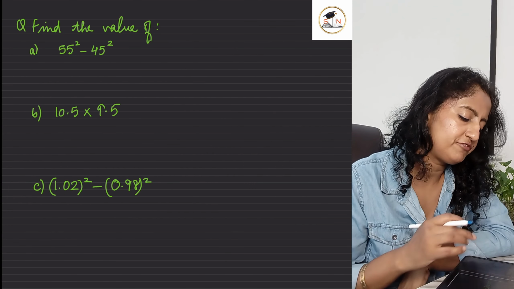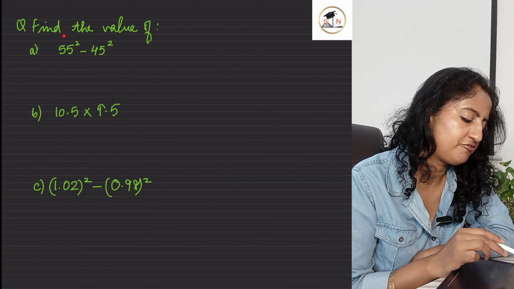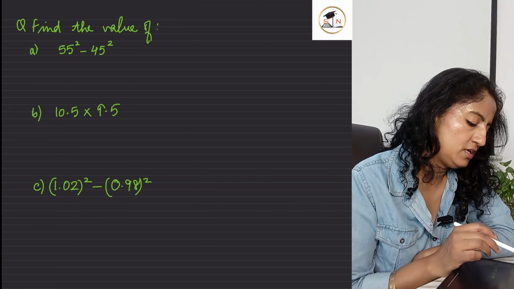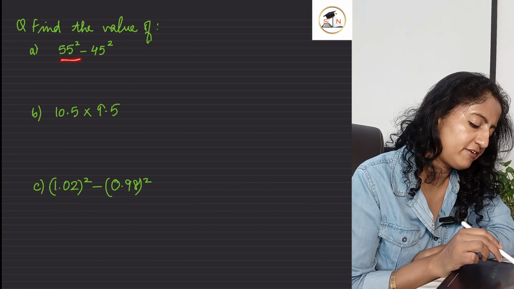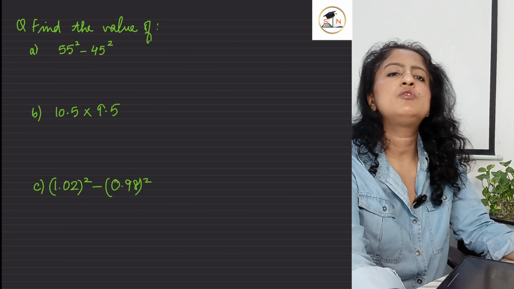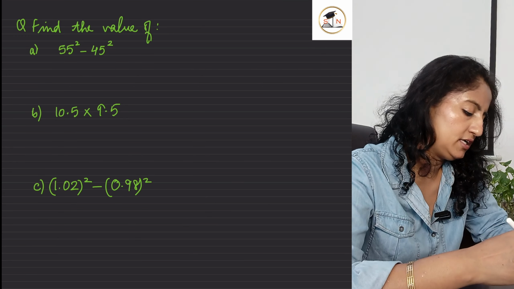Now moving on further, we have a question over here which says find the value of, and we have 3 parts on the screen. The first one being 55 square minus 45 square. So now we are given in the form of a square minus b square, right?